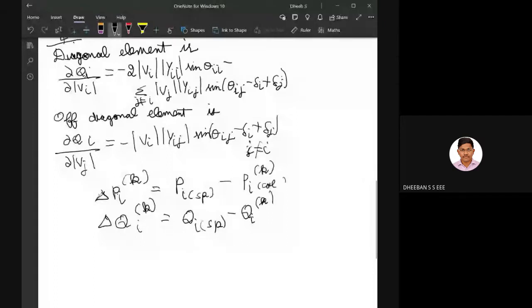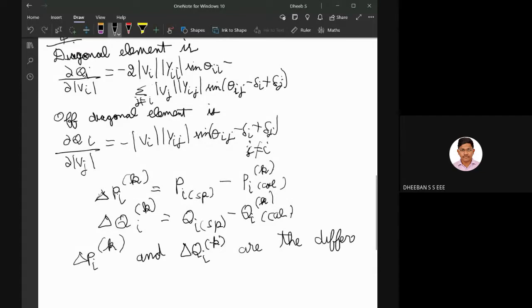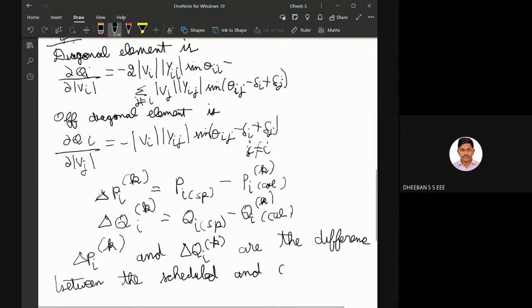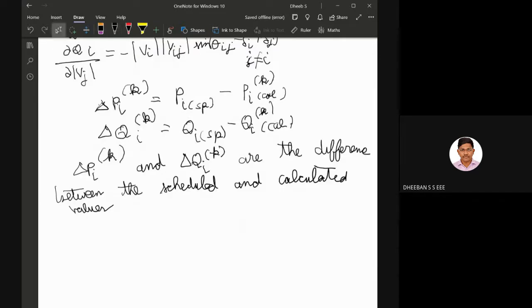This del Pi and del Qi are the difference between the scheduled and calculated values.